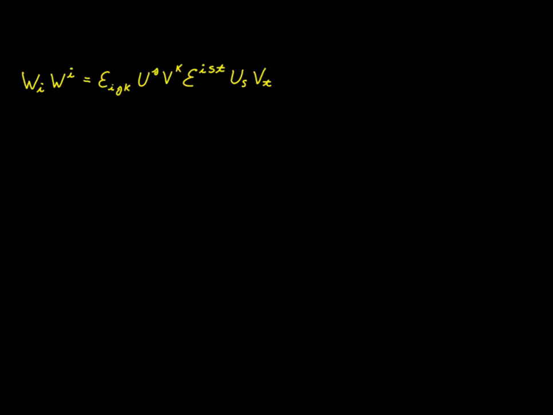Okay, now in I believe it's video 45, you'll remember that we can express the combination of these two factors, epsilon ijk and epsilon ist, as our delta term, delta ist ijk, like this.